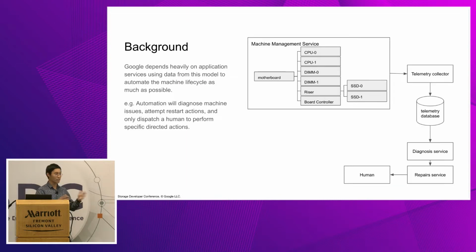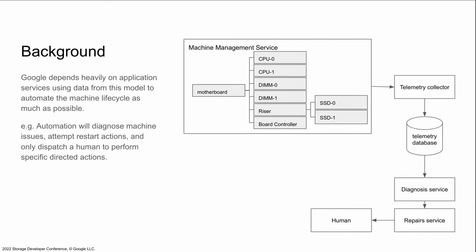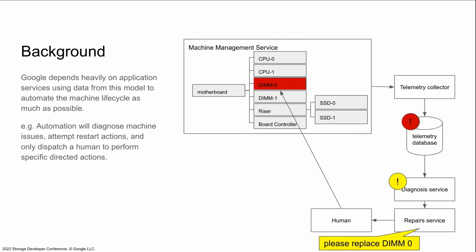And over the last decade, Google automation has depended really heavily on this precise model to model parts of the machine lifecycle. So, for example, for automation detecting any hardware issues, like let's say there's a problem with a DIMM on the machine, we have collectors that know how to collect this particular model format.